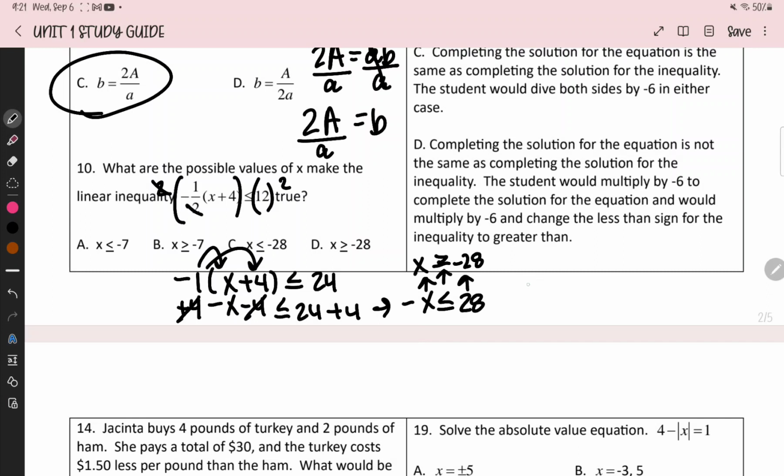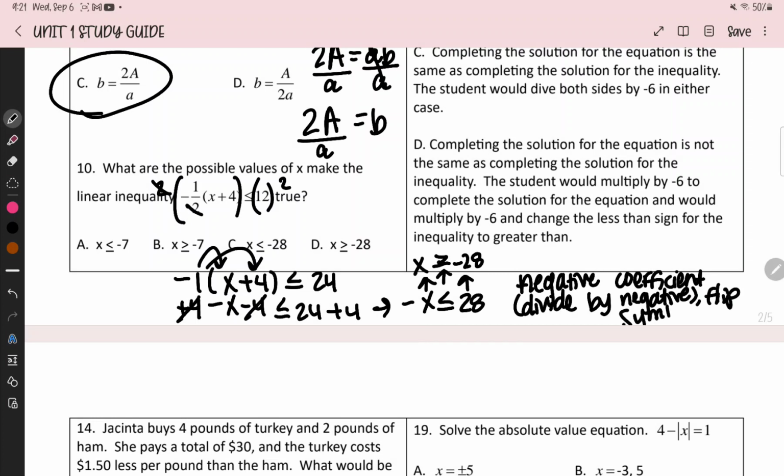So when you have a negative coefficient, which means you'll eventually have to divide by a negative, you have to flip the symbol. And this happens for any inequality that you're solving. No matter what you're doing, if you're going to end up dividing by a negative number, you've got to flip that symbol. So my answer here was x is greater than or equal to negative 28. That is D.